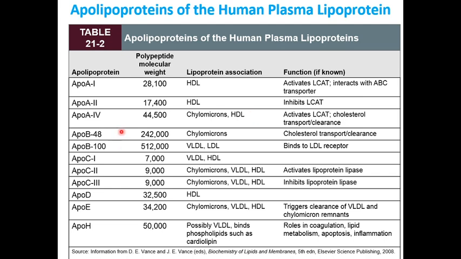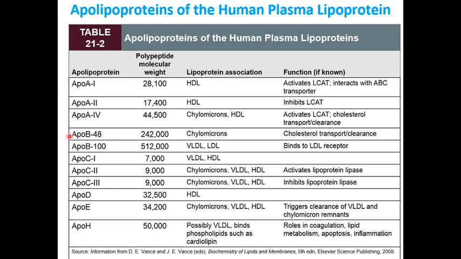These apolipoprotein contents act as signals. They also target lipoproteins to specific tissues or activate specific enzymes that act on lipoproteins. These proteins have also been implicated in various diseases. We will talk about the function of at least one of these apolipoproteins in the coming section.